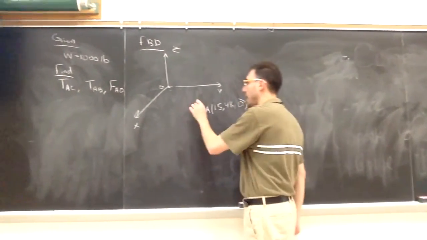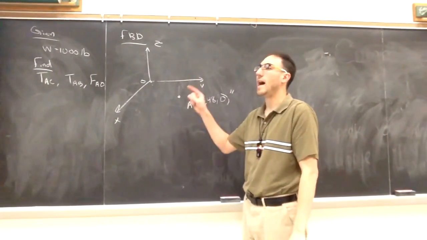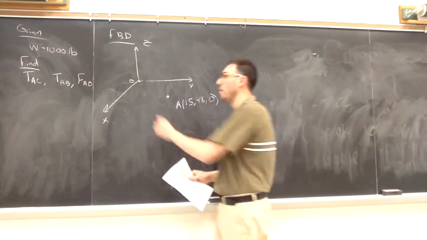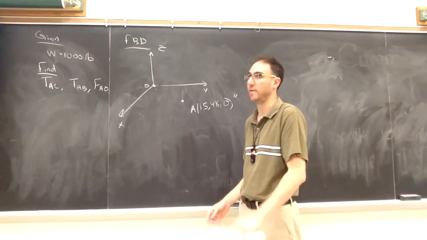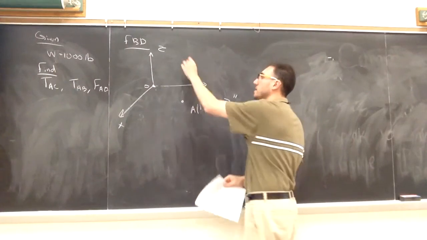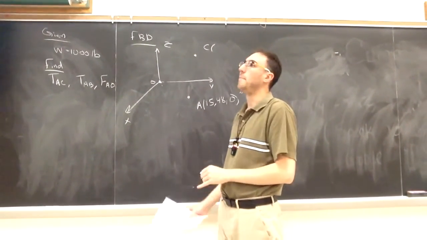I'll put all the important points first before I start putting forces on. I have a force that will go from A towards the origin. That's the force in member AO. Now the origin I know is at 0, 0, 0, so I don't need to write that one down. I'll have a force from the cable AC that goes from A to C. So I'll need to represent point C here and put its coordinates.